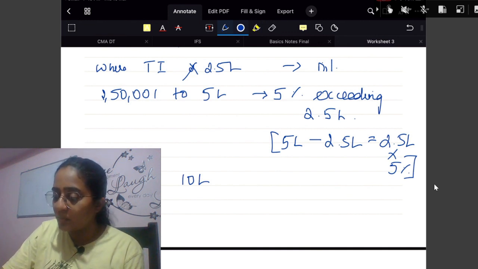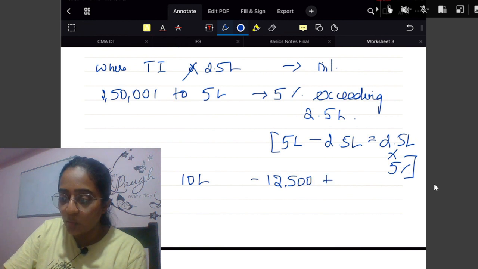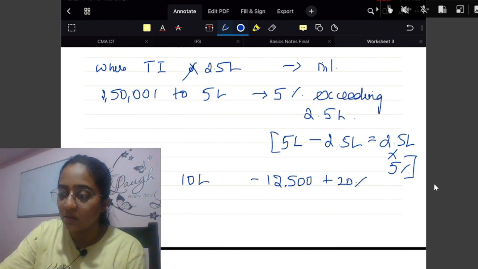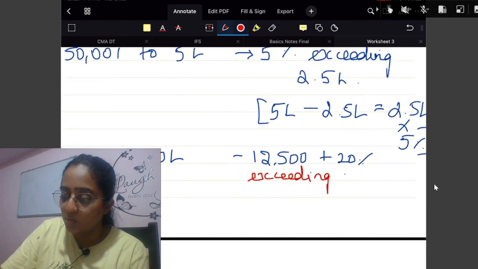How much is it going to be? It's going to be 12,500 plus 20% on income exceeding rupees 5 lakh.